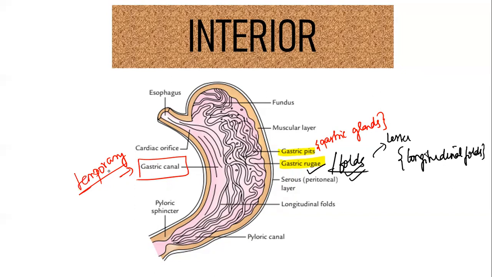This gastric canal is going to form along the length of the lesser curvature, which allows the substances to directly jump into the pylorus. Suppose we give some irritant substance, if it is going to get exposed to the entire part of the stomach, then it is very dangerous, right?